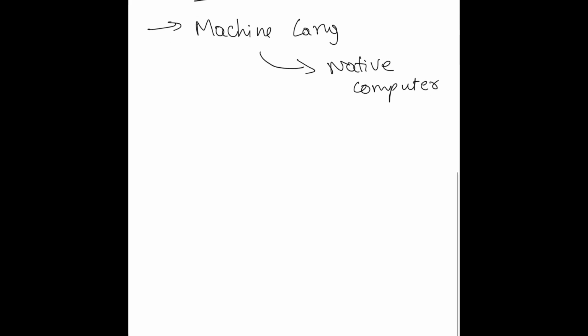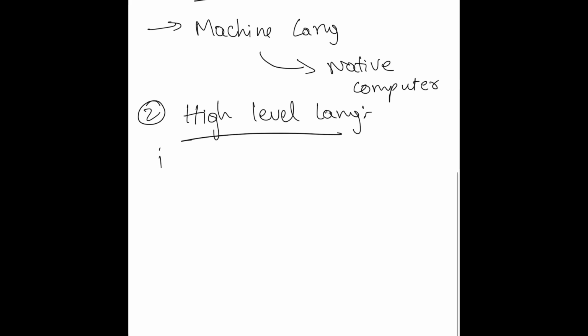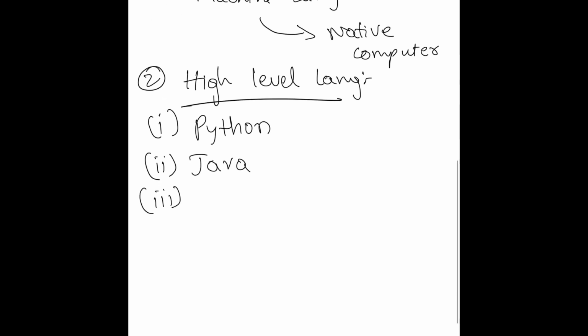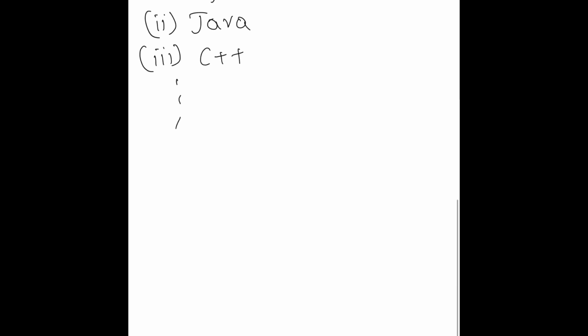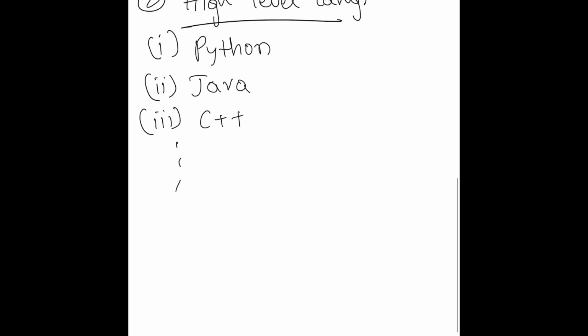And there are high level languages. First example, let's take Python. Python is a high level language, and Java is also a high level language, and C++ and many more. The third type is scripting languages.